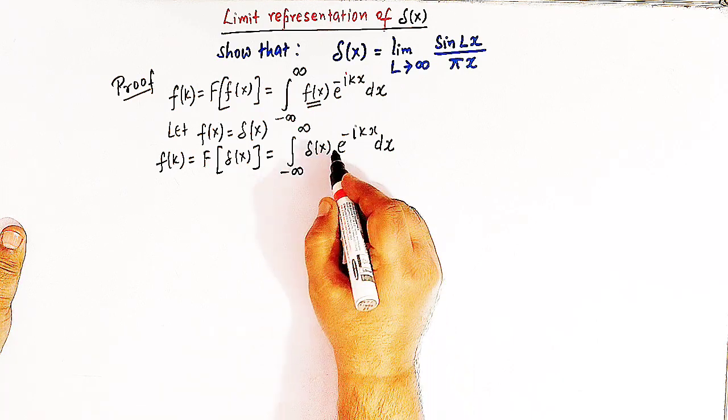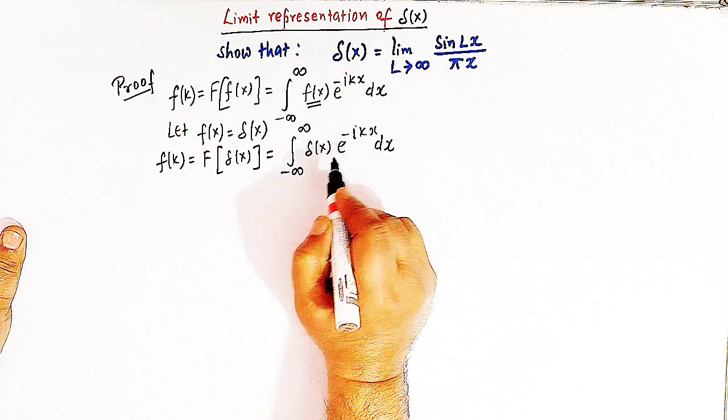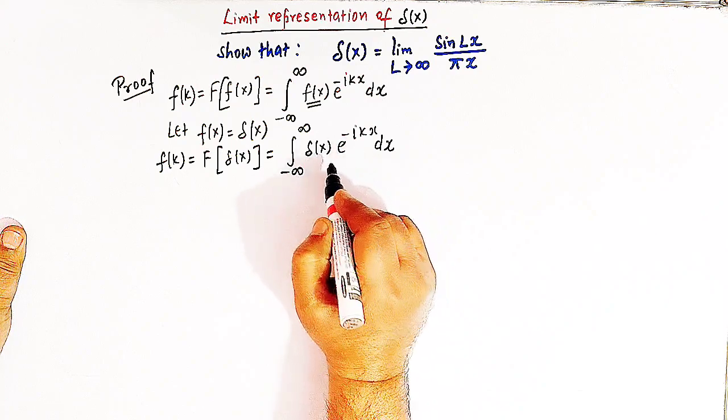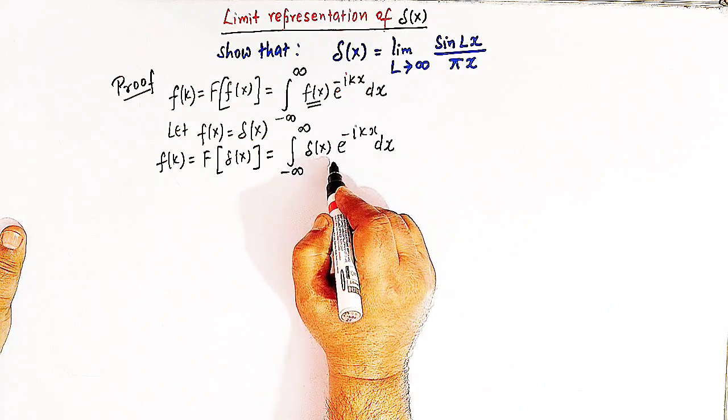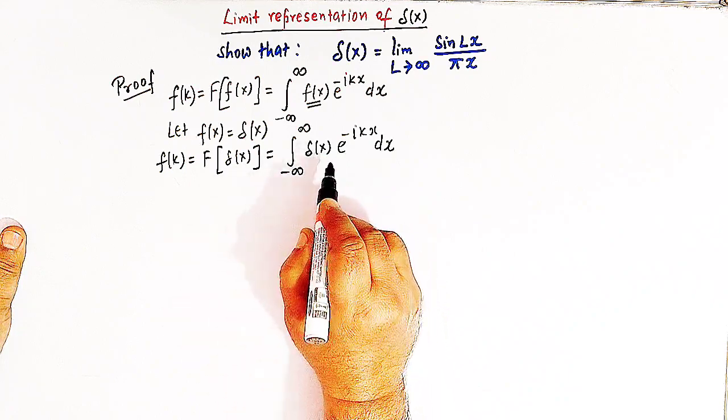Okay, now here it is interesting to note that we have to evaluate this integral, and this integral can easily be evaluated by using the definition of the delta function, right?